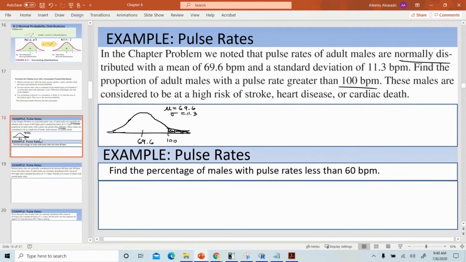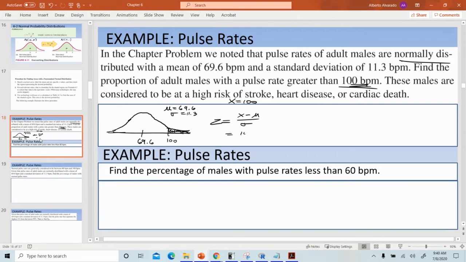So let's do that. And before we do that, though, we're going to have to calculate a z-score. Because that's what we did in the last section, right? We use z-scores. So if I use the z-score formula, my value of interest is x equals 100. So I'm interested in what's beyond 100.